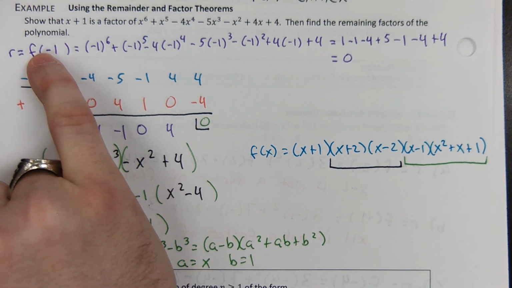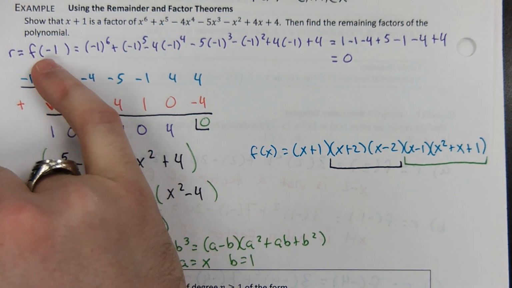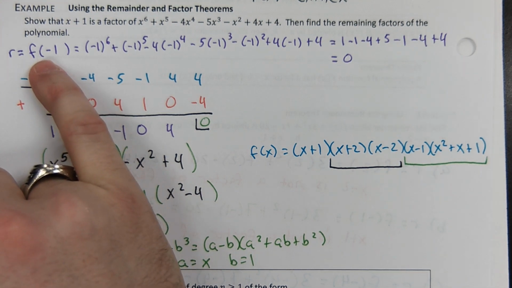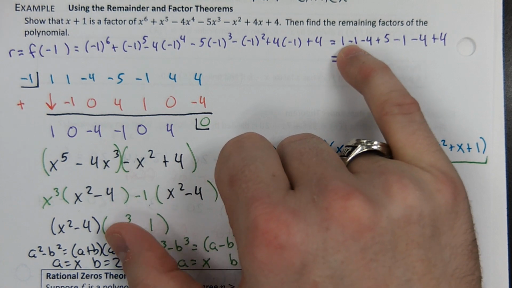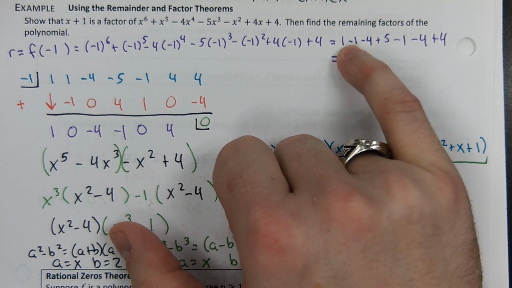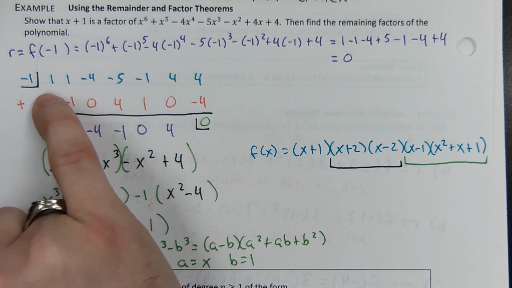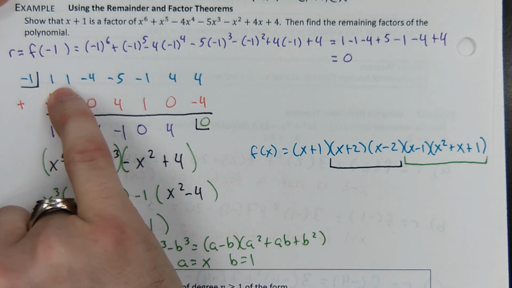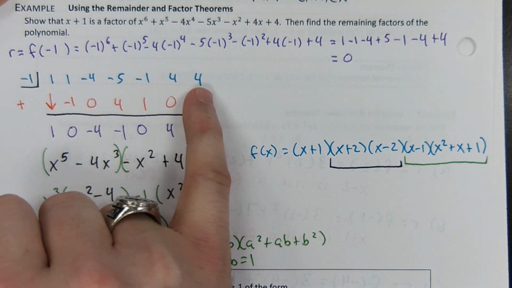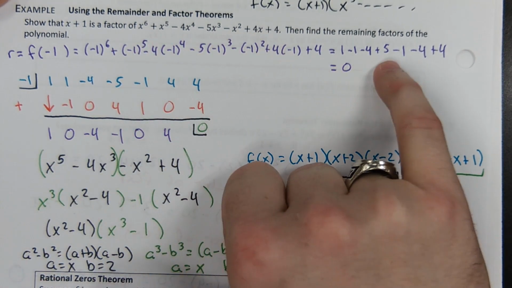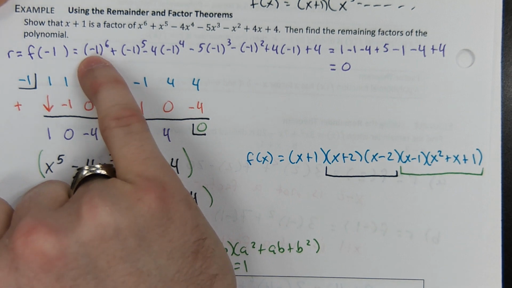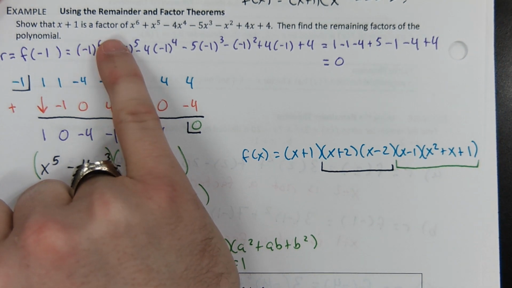This right here? Yeah, it's when I was plugging in -1. What about it? So the synthetic division here, these blue numbers are the coefficients of this polynomial, whereas these purple numbers are what I was getting when I plugged in the number -1.